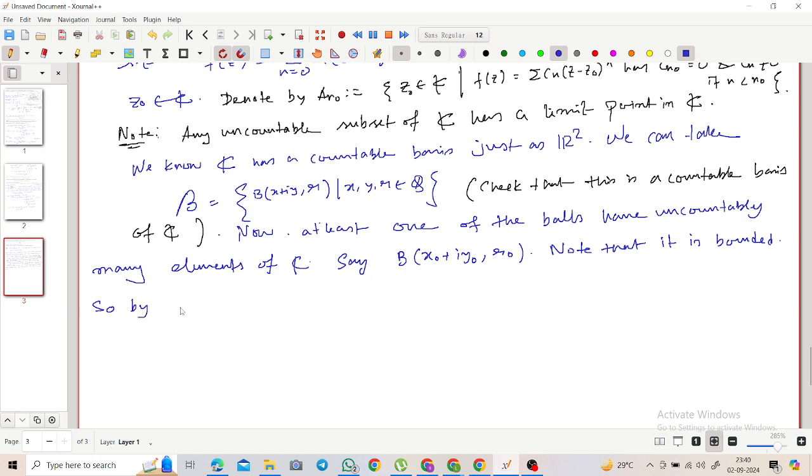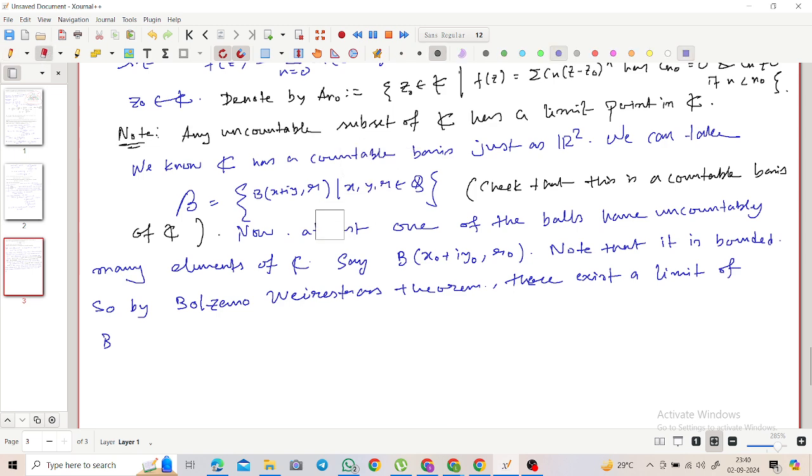So by the Bolzano-Weierstrass theorem, there exists a limit point of any uncountable subset.